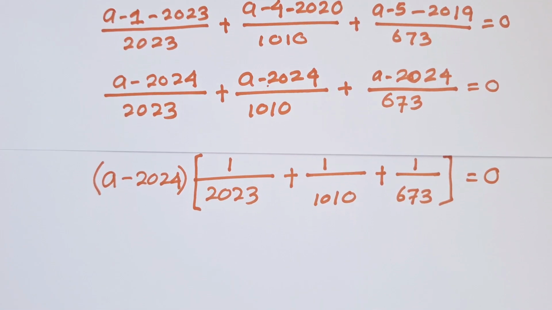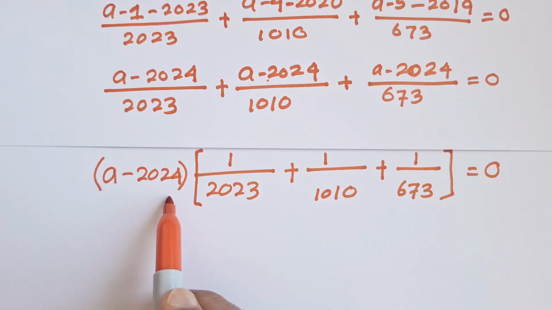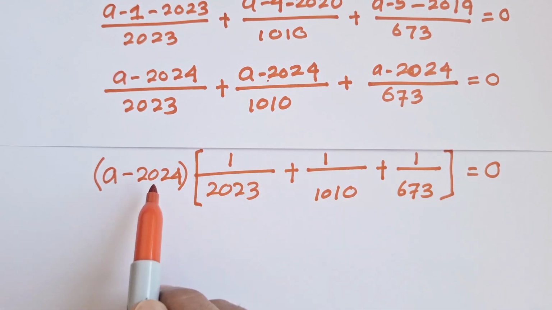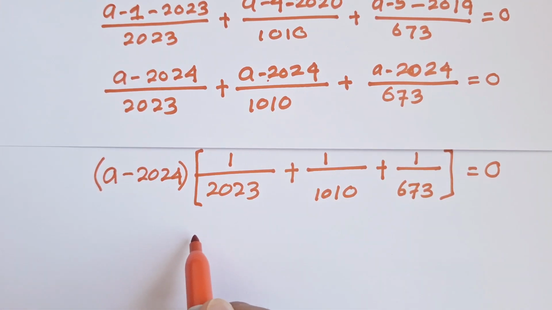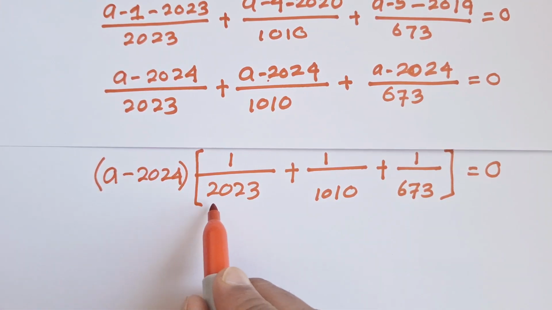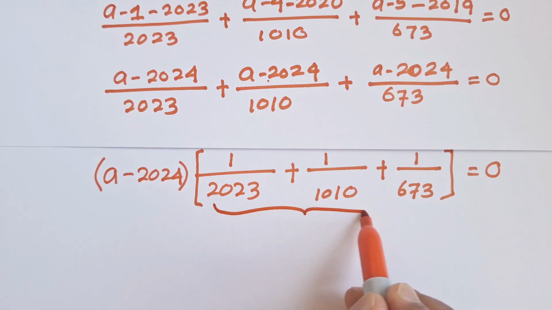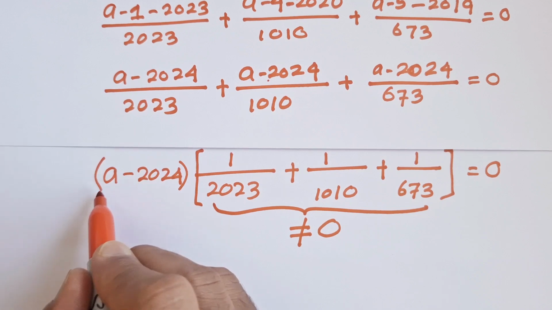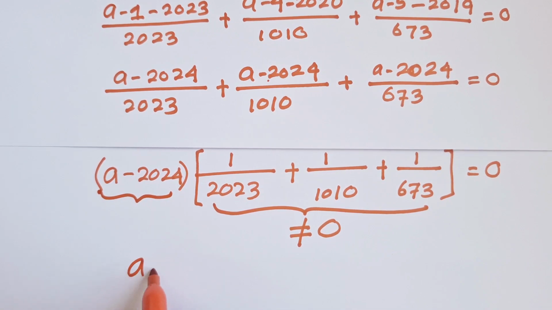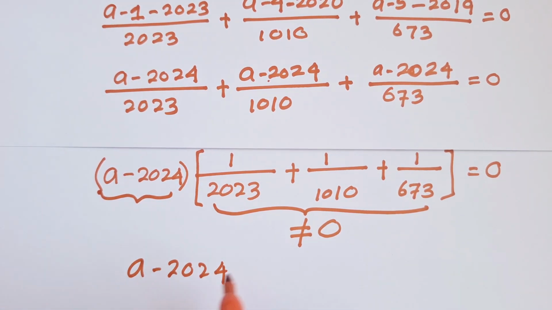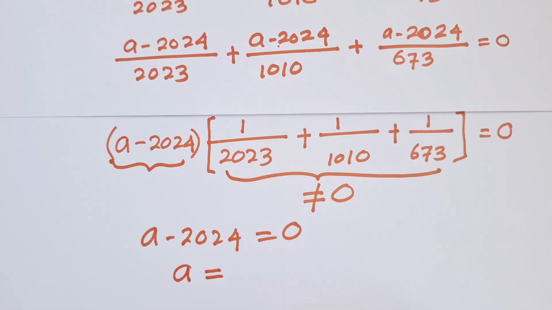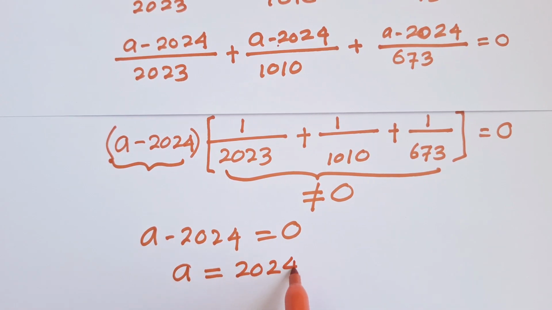Now if the product of these two factors is equal to 0, then either one of them or both must be equal to 0 to fulfill the equation. So it is clear that this part cannot be equal to 0. It's not equal to 0. Therefore this part must be equal to 0. Then only the left hand side can be equal to 0. So a minus 2024 is equal to 0. Then we have the answer for a, which is equal to 2024.